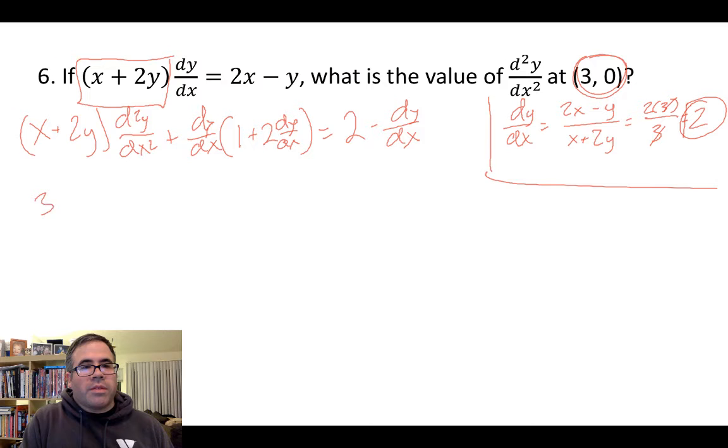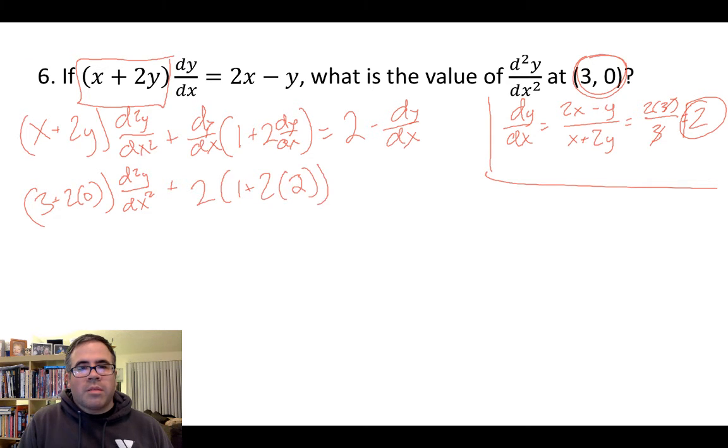So we have 3 plus 2 times 0 times the second derivative of y in terms of x, plus 2 times 1 plus 2 times 2 equals 2 minus 2.